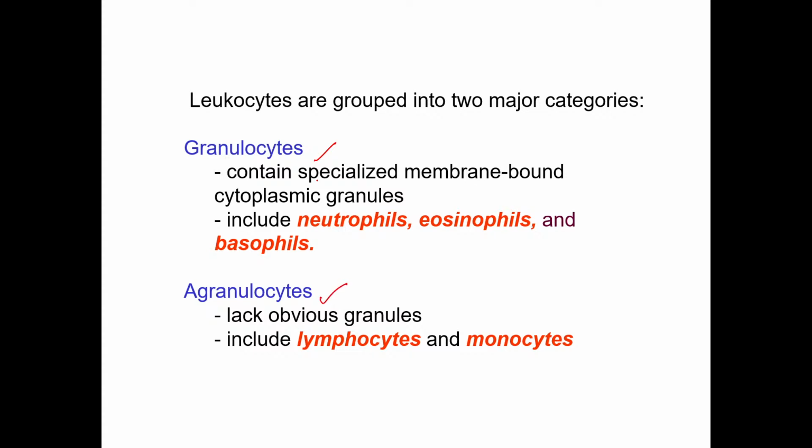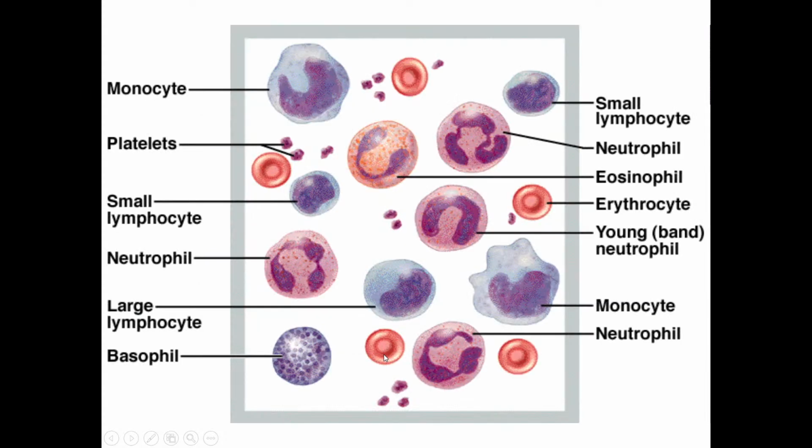Granulocytes are those kinds of WBC which possess granules in their cytoplasm, whereas the agranulocytes are those kinds of WBC which lack the granules. Their cytoplasm is clear and translucent due to the absence of granules. And the granulocytes have three subcategories: neutrophils, eosinophils, and basophils, whereas the agranulocytes have only two categories: lymphocytes and monocytes.